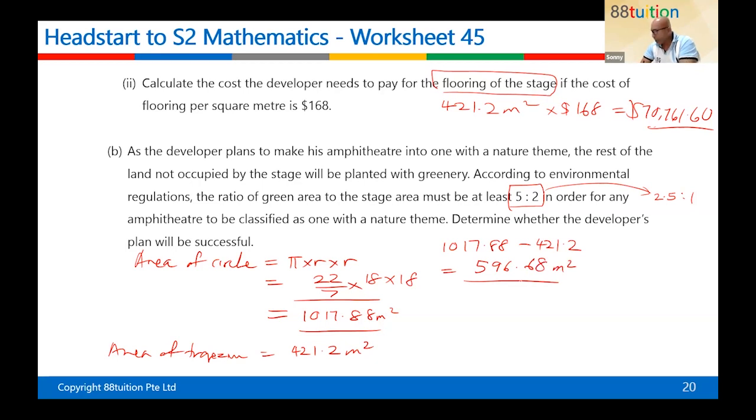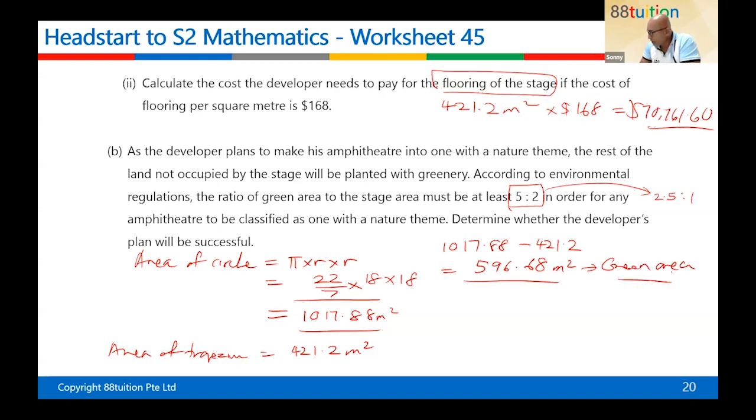Okay, you've got to make sure that the ratio is at least 5:2, right? So this 596 represents your green area, right? Area of green area.